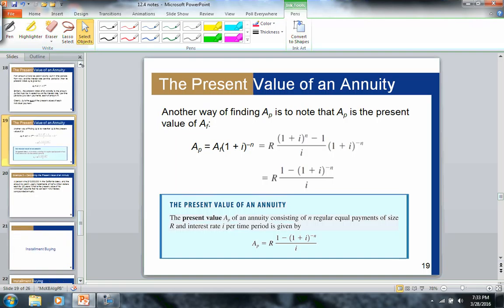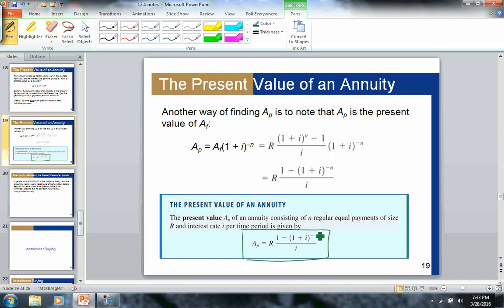Okay. So here's our final equation then. They work through it a little bit more, but in this box right here, here's our final equation that we're going to be using. And again, this should be on your formula sheet. And we're still going to be dealing with R like we were before. That's the payment size. And then we have 1 minus 1 plus I, that's our interest rate.